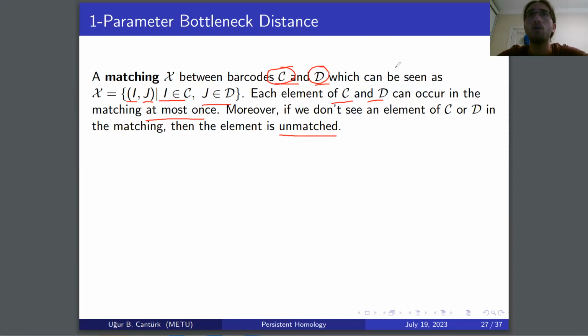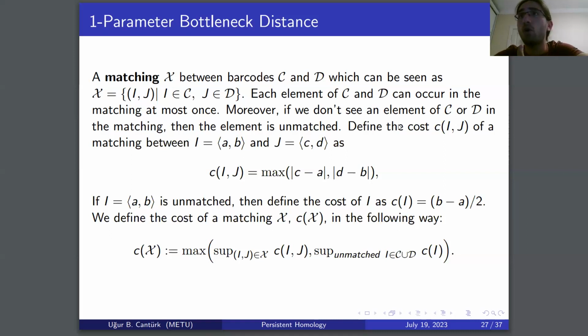Okay, so after these remarks, we can define a cost. If I is matched with J, then we can define its cost in the following way. Here I is the interval from a to b, and J is from c to d. You may ask why I am using such brackets: because it can be open or closed as well.